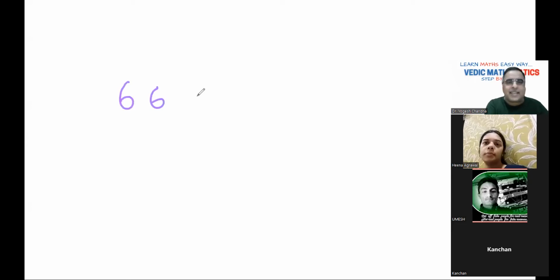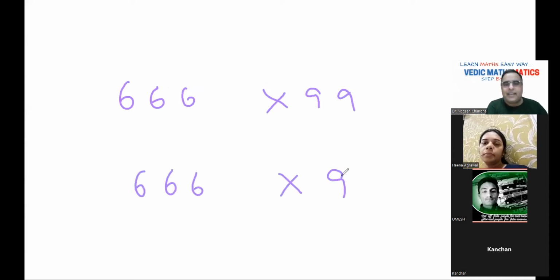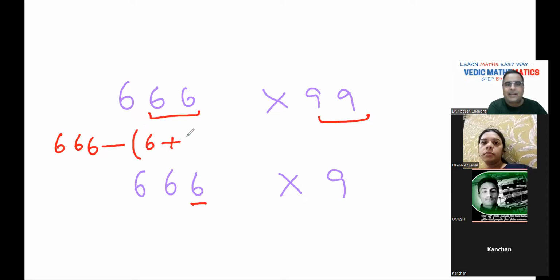So if it is 666 into 99 or 666 into 9, here the number of nines is less than the number of digits. The number of nines is 2, so we underline these 2, or in this case, this. Now the number minus what is not underlined, that is 6, and add to that 1. On the other side, earlier we were taking the Nikhilam complement of the complete number.